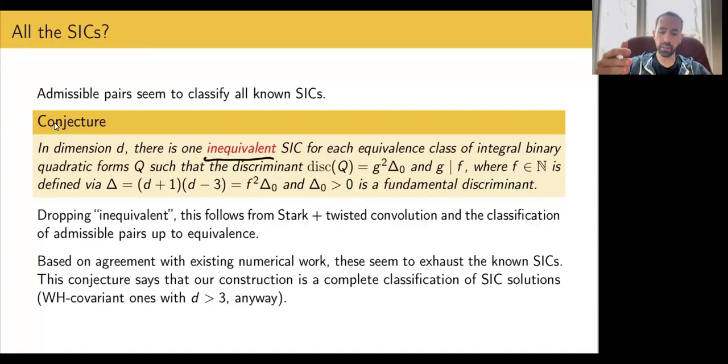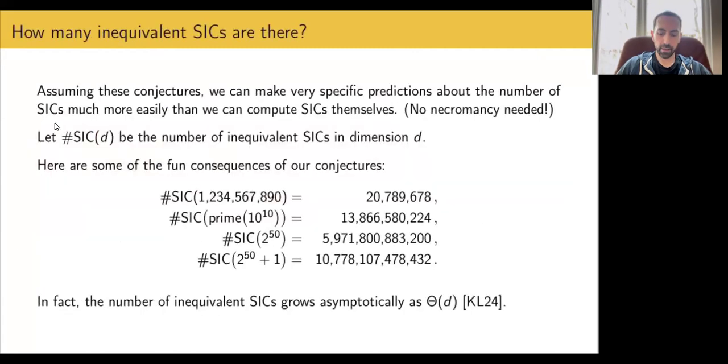We can prove that these things always give SICs conditionally, but we can't prove that they're always inequivalent. If we could prove that, it would mean that these things exactly classify known SICs. There may be other SICs out there, in particular ones that aren't Weil-Heisenberg covariant, but that's still open. But it seems that we've captured all the SICs.